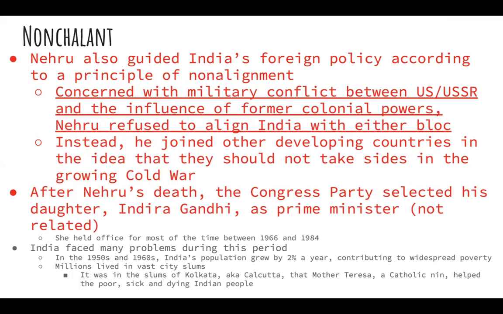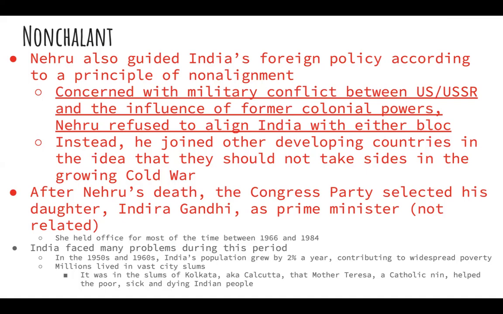After Nehru's death, the Congress Party selected his daughter, Indira Gandhi, as prime minister. Now, FYI, Indira Gandhi is related to Nehru. Indira Gandhi is not related to Mohandas Gandhi. She held office for most of the time between 1966 and 1984. India faced many problems during this time.